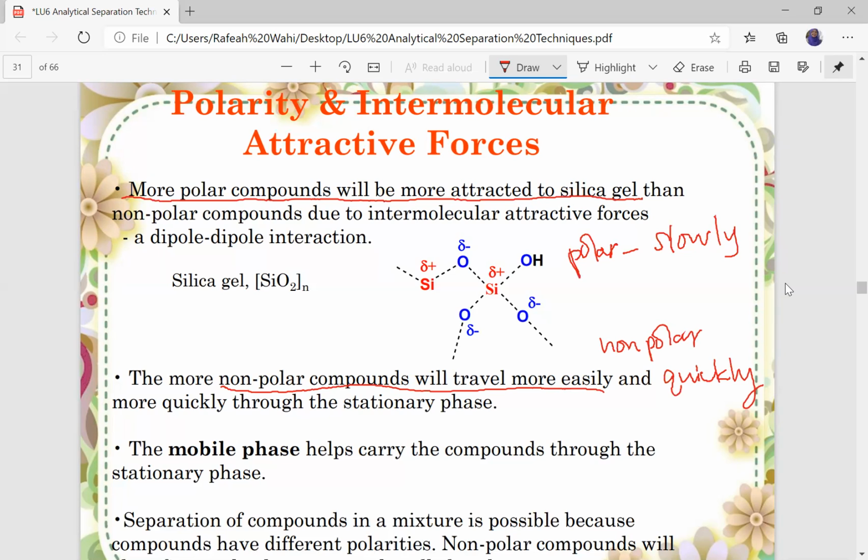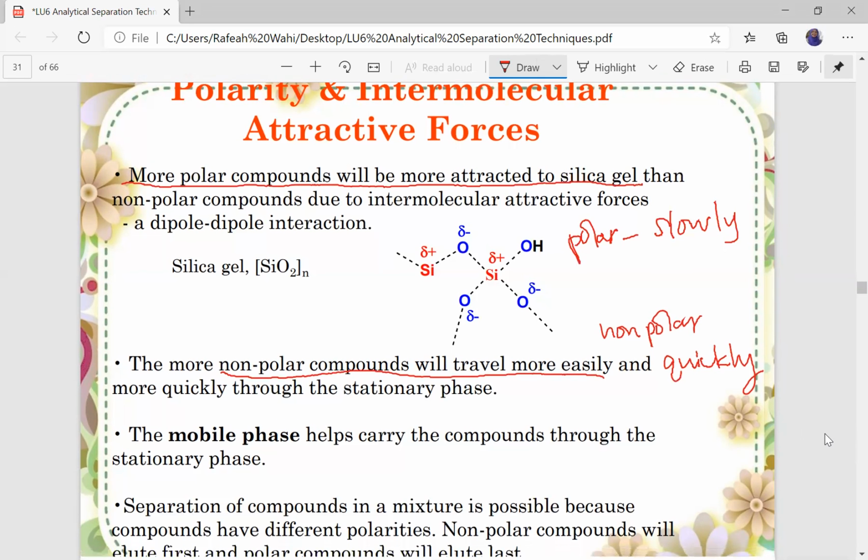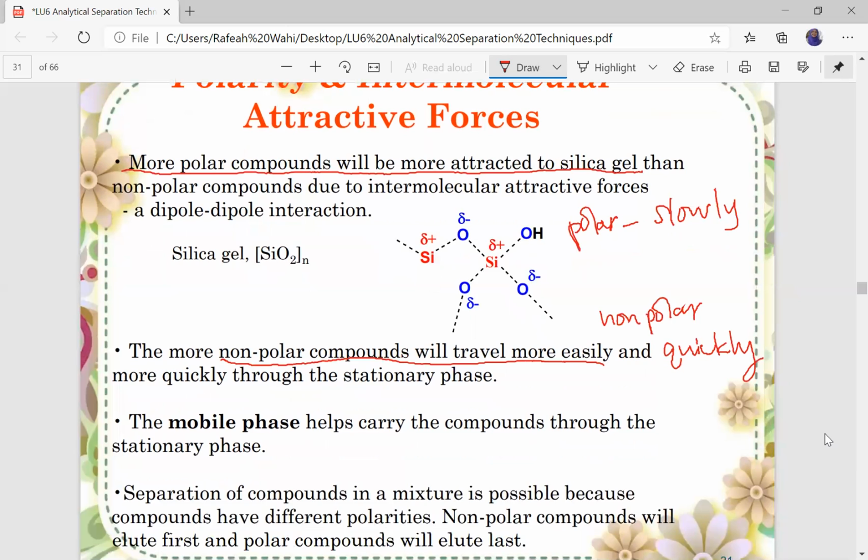Okay, and the mobile phase helps carry the compounds through the stationary phase, and the separation of compounds in a mixture is possible because different compounds have different polarity. Non-polar compounds will elute first and polar compounds will elute last.